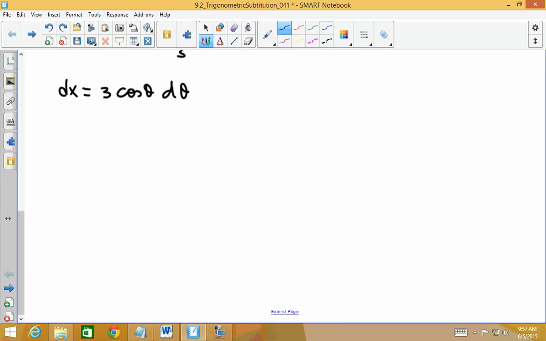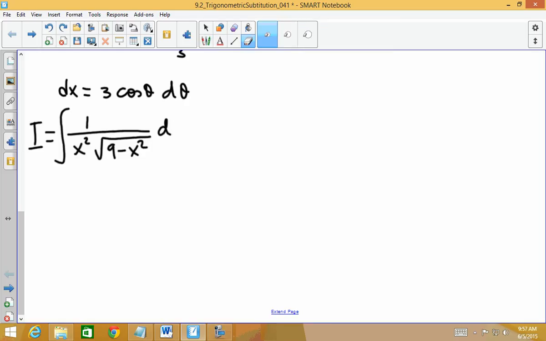Now going back to the integral, we have the integral of 1 over x squared, square root of 9 minus x squared dx. Let's write I so that we don't have to rewrite the integral all the time.